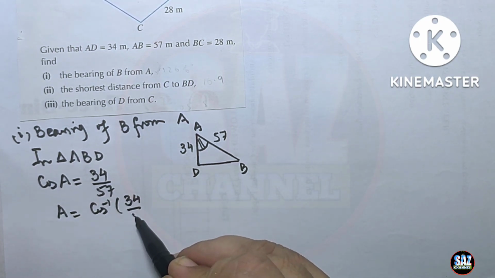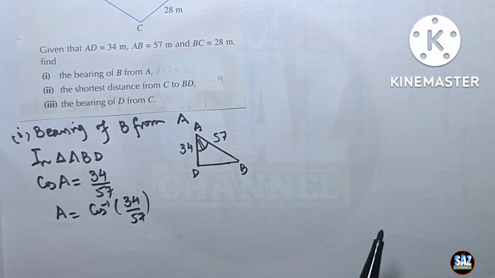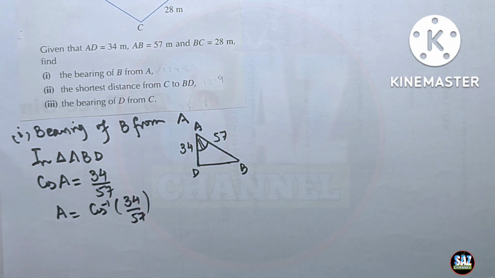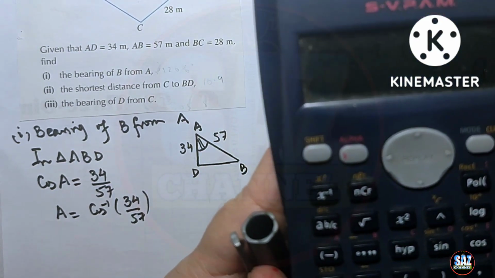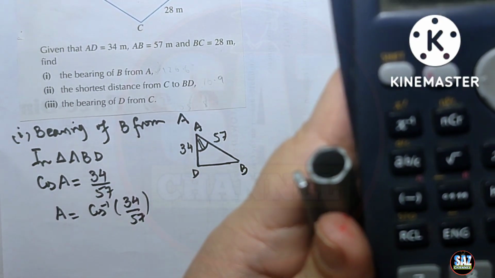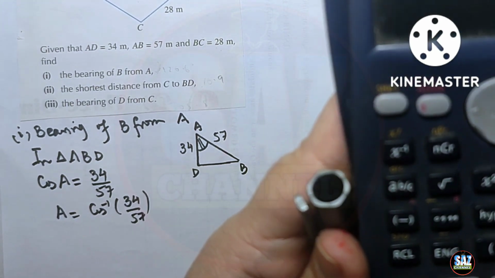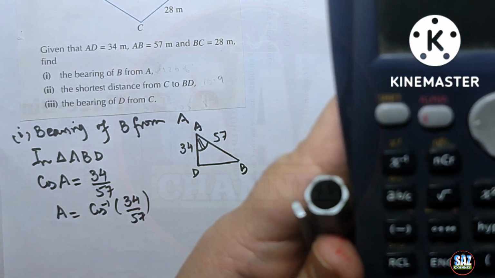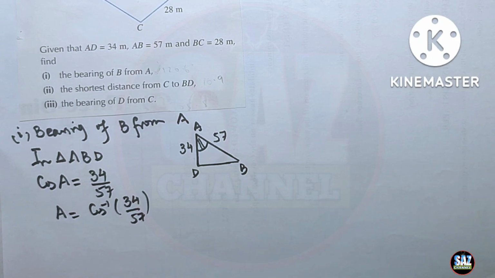Inverse cos will appear in the beginning of this fraction, not at the end. This is a common error, and the display of the calculator must be on degrees. So I have to first press the shift key, then cos, and the display will have cos inverse at the top, and then this is 34 divided by 57 and close the bracket, and this will be giving me 53.38 degrees.